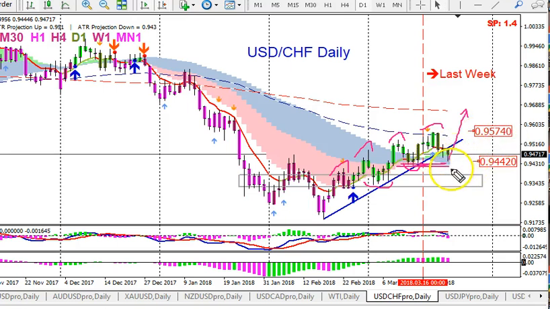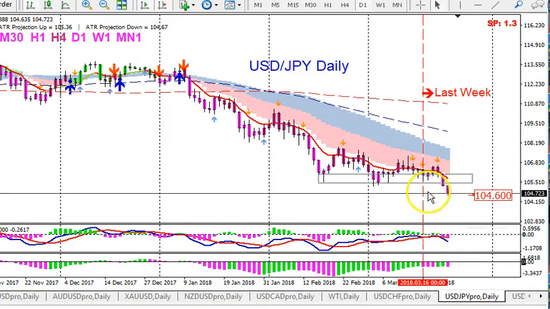Because price had broken below the trend line, we are waiting to see if it continues higher, but we're also going to get ready for price to drop lower, below 0.9442. Okay, so let's take that off, and now we move to our last pair.